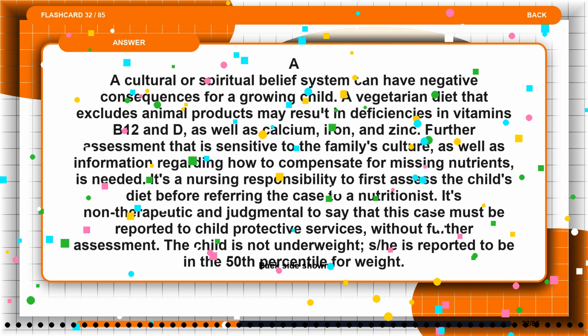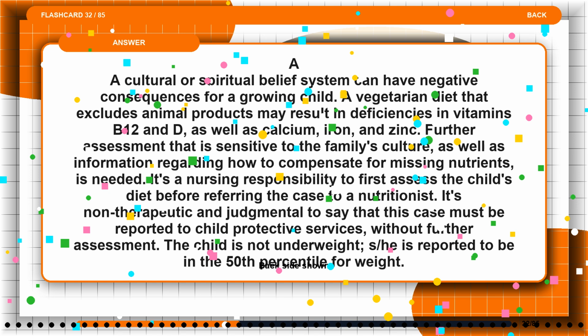The answer is A. A cultural or spiritual belief system can have negative consequences for a growing child. A vegetarian diet that excludes animal products may result in deficiencies in vitamins B12 and D, as well as calcium, iron, and zinc. Further assessment that is sensitive to the family's culture, as well as information regarding how to compensate for missing nutrients, is needed.